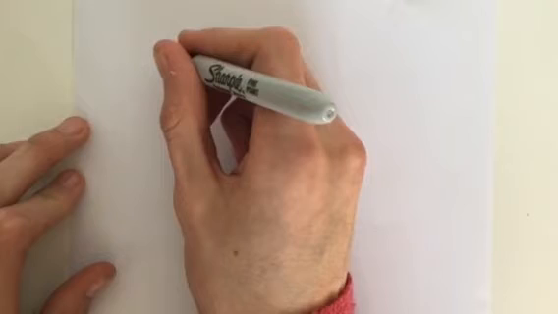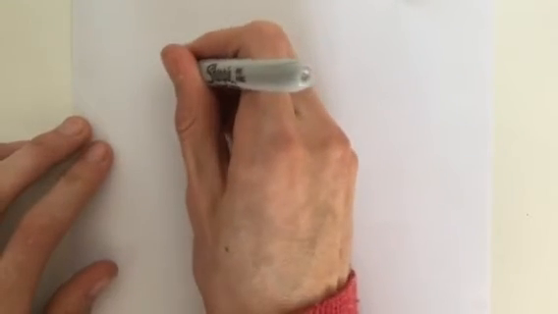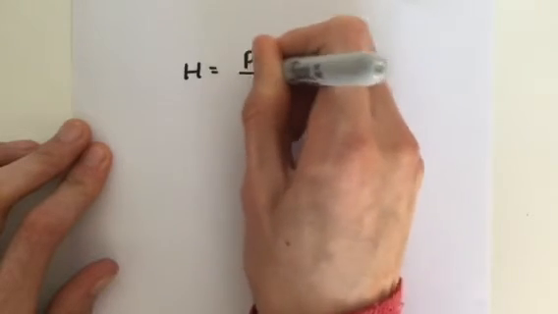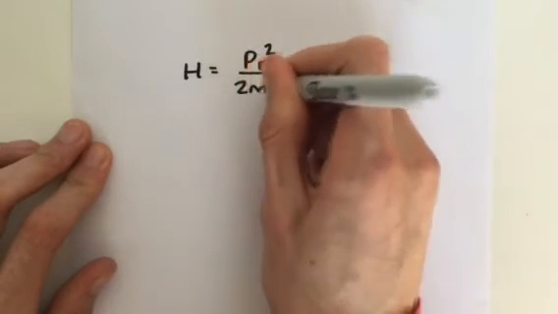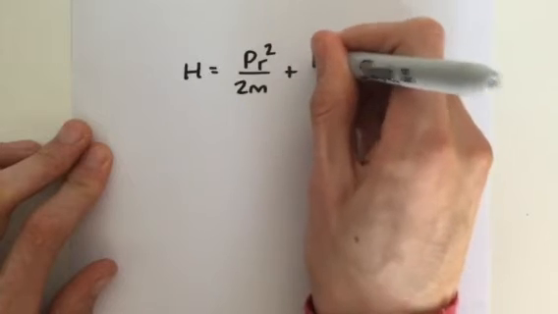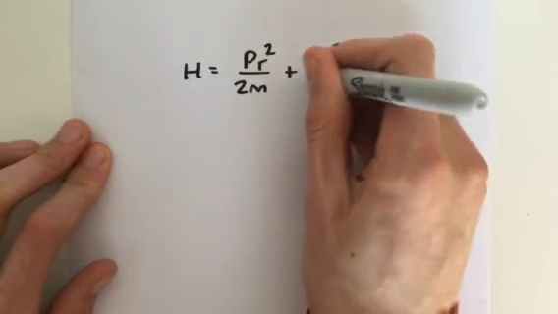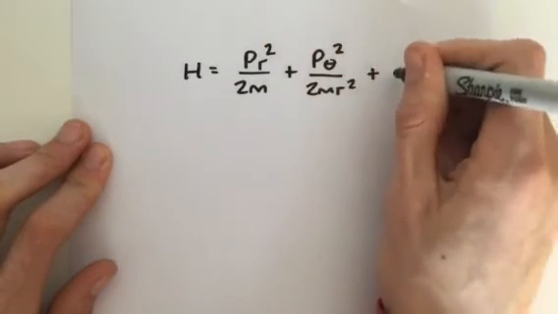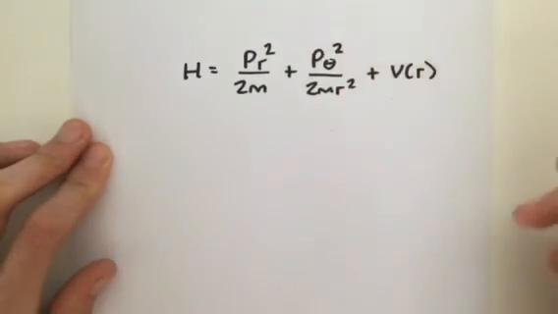Now we've computed the Hamiltonian, we can look at Hamilton's equations. I'll write down the Hamiltonian once more: H equals p_r²/2m, plus p_θ²/2mr², plus our potential energy, V(r), like so.